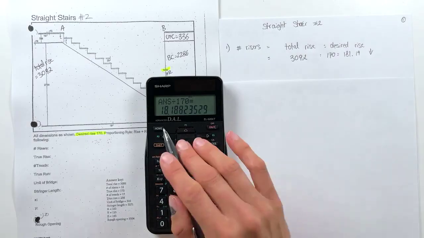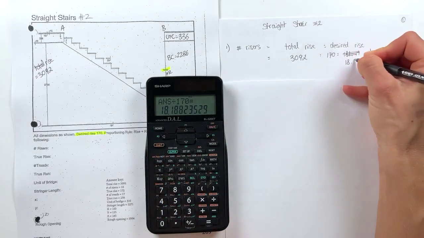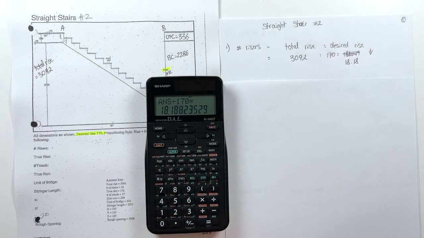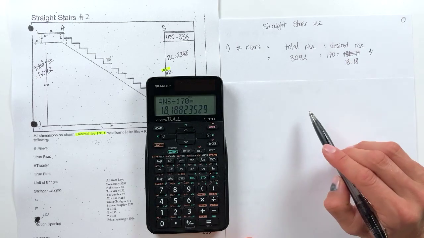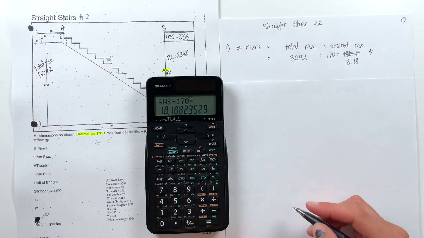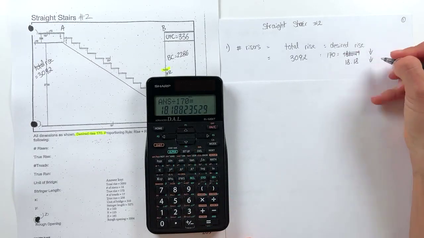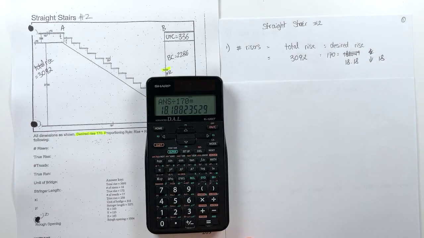Sorry, it doesn't say 181, it says 18.18. And if you've watched some of my videos, I leave these mistakes in on purpose. Always double check, right? It doesn't make sense that we have 181 risers. So we can use our logic and smarts to double check. So 18 risers, not 181, obviously.